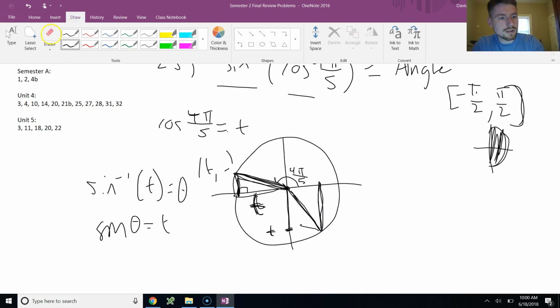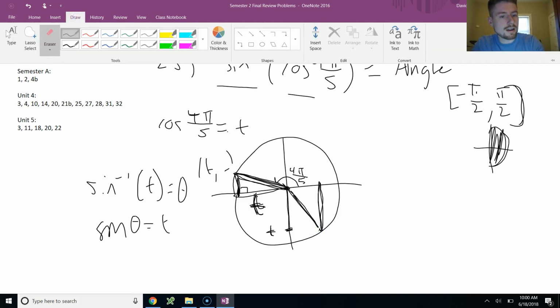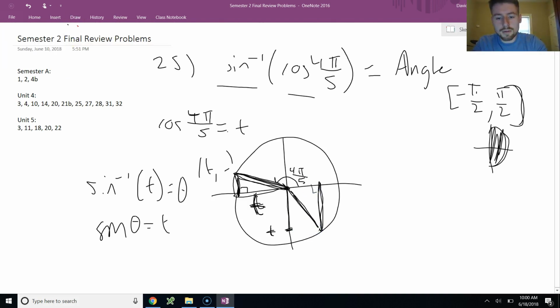So here's my triangle. Let me get rid of this. Okay, so that's my triangle that has this angle of theta. So we know theta is going to be a negative number because of this. We can look at this triangle here, and we're interested in theta.